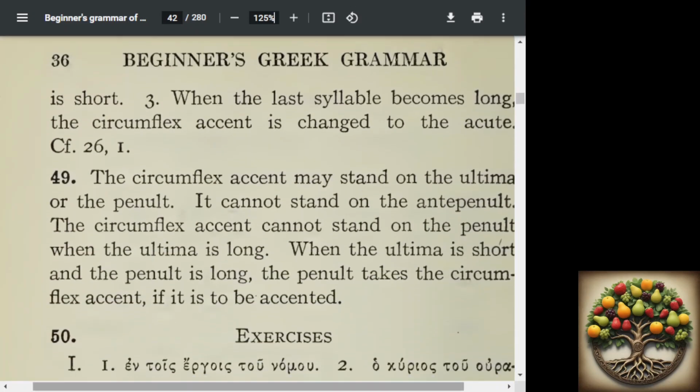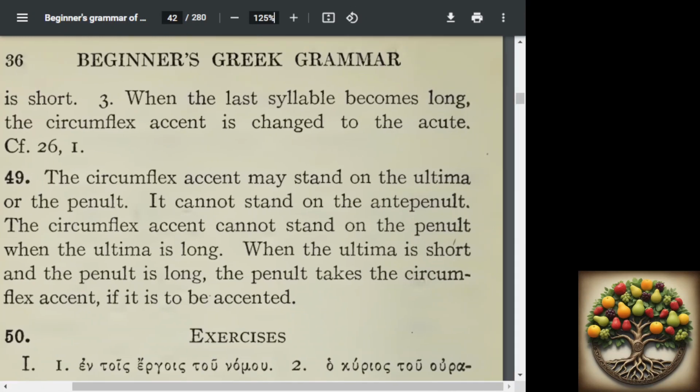And I'm just going to read through number 49. The circumflex accent, it may stand on the ultima or on the penult. So that's the last syllable or the second to last syllable. The circumflex can never stand on the antepenult, which is the third to last. So you're only ever going to see that circumflex on the last syllable or the second to last.